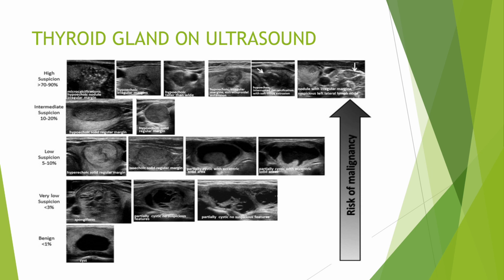On ultrasound of the thyroid gland, here are the different images seen to indicate the risk of malignancy. For lesions which are hypoechoic, or black, with irregular borders and with tiny calcifications or microcalcifications, there's a high suspicion for malignancy, and also for lesions with irregular margins.